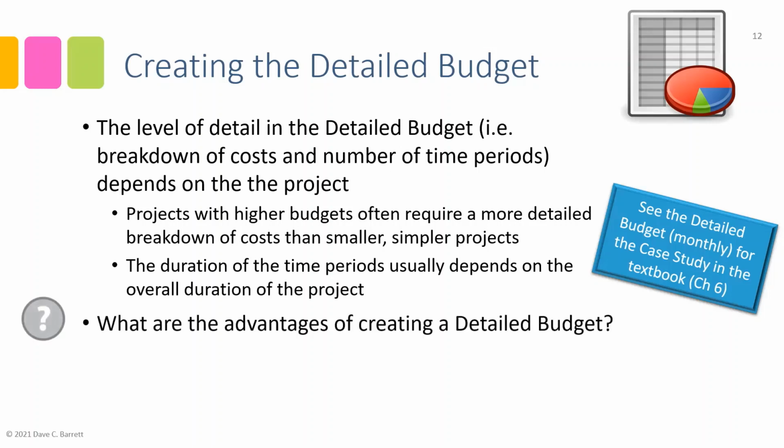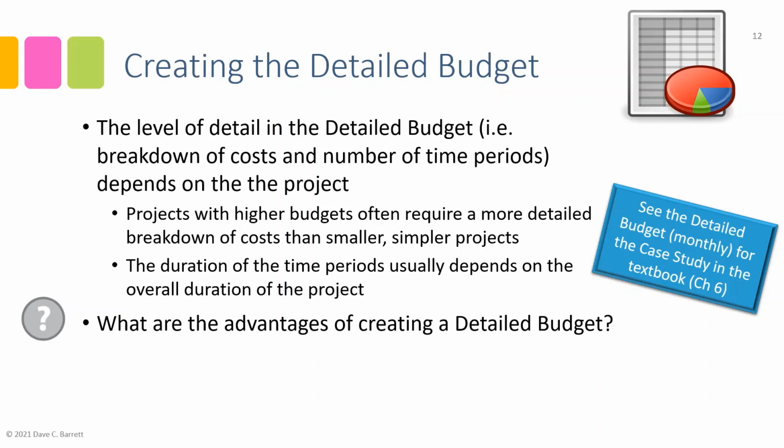Another question is, what are the advantages of creating a detailed budget? And that's something that you should think about. And the textbook will provide more information on that. But it's something that's really important. And just as a hint, one of the things that needs to be done, especially during the executing phase, is to manage the budget, to monitor it and see how we're doing.